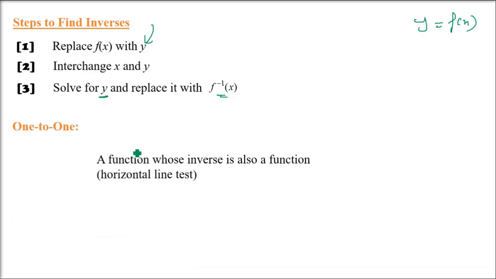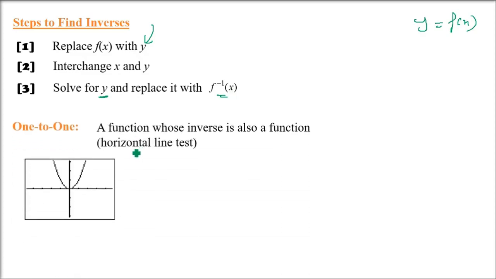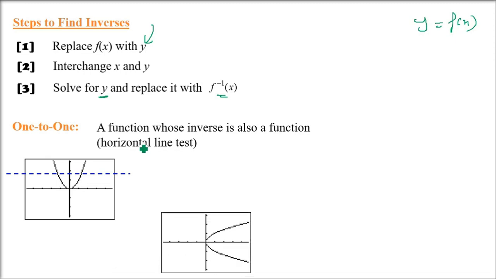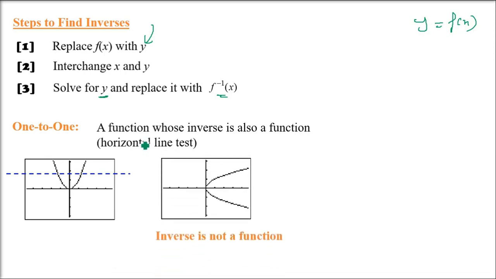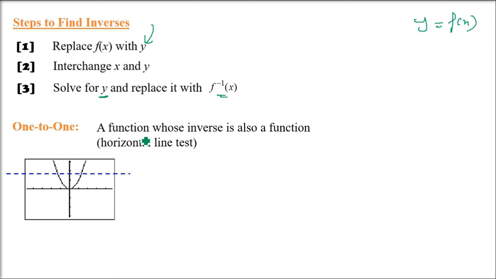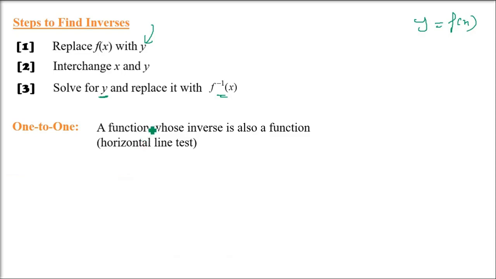Let me tell you again, for a function to have an inverse, it has to be a one-to-one function, and that is checked through the horizontal line test. As we earlier saw, the vertical line test shows us whether a graph is a function or not.